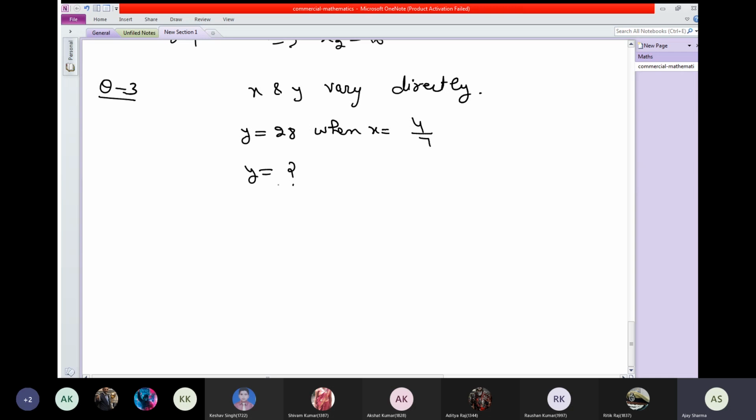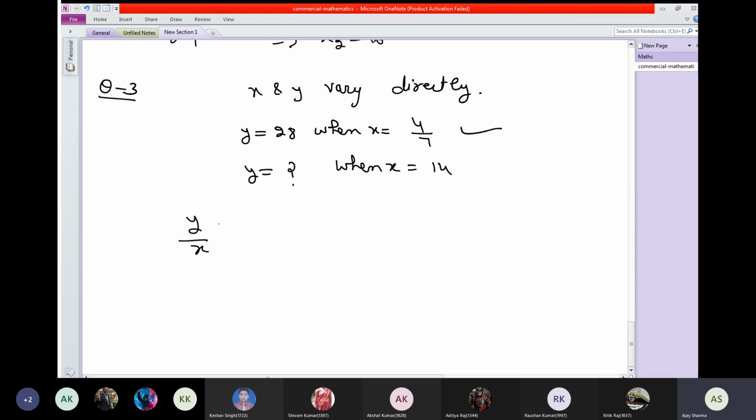Next, what you have to find? You have to find y when x equals 14. One value is given, one you have to find. Now what you have to do? Make their ratio the same. Why? They vary directly, so their ratio must be the same.